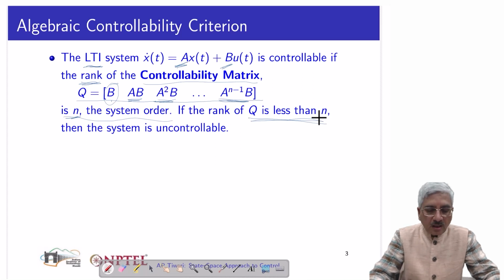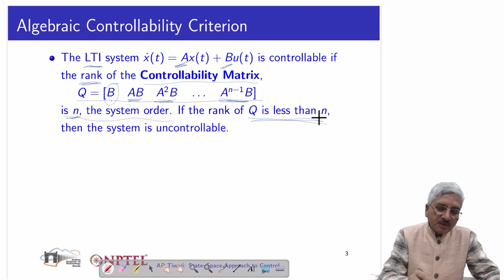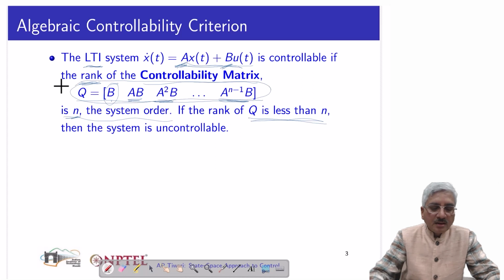So from the given system dynamics, we have to evaluate this Q matrix and thereafter find its rank. It is to be noted that A is an n by n matrix, the order is n. B will be an n by m matrix.